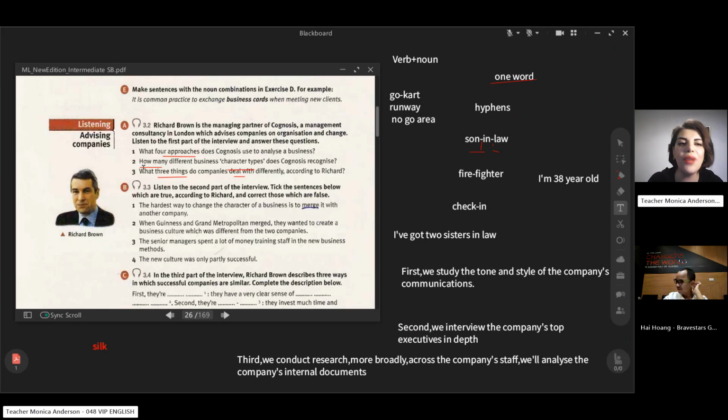And the third one: what three things do companies deal with differently?